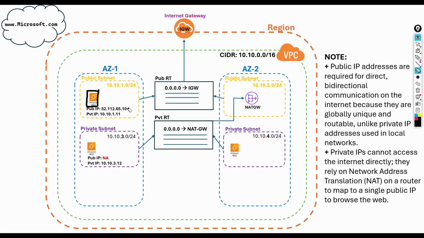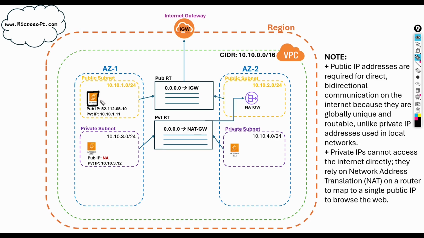Now we will discuss the outbound internet access. Outbound internet access means, let's say this is a Microsoft server, and this server wants to download some patches from Microsoft.com. Then this server will try to access Microsoft.com.